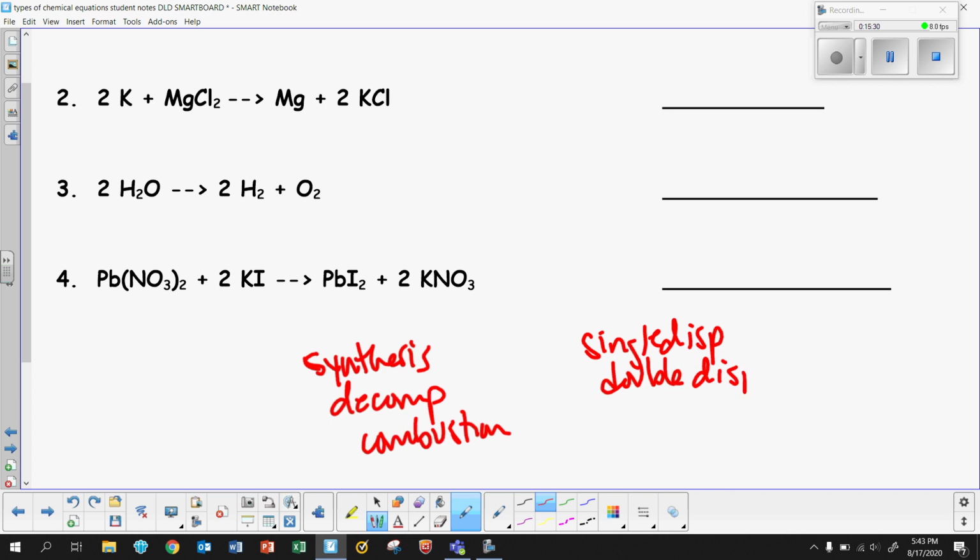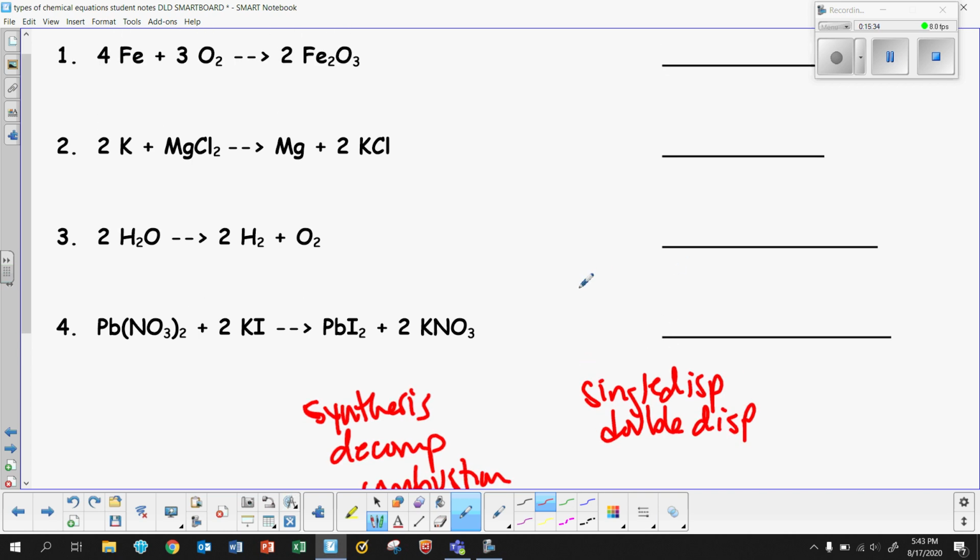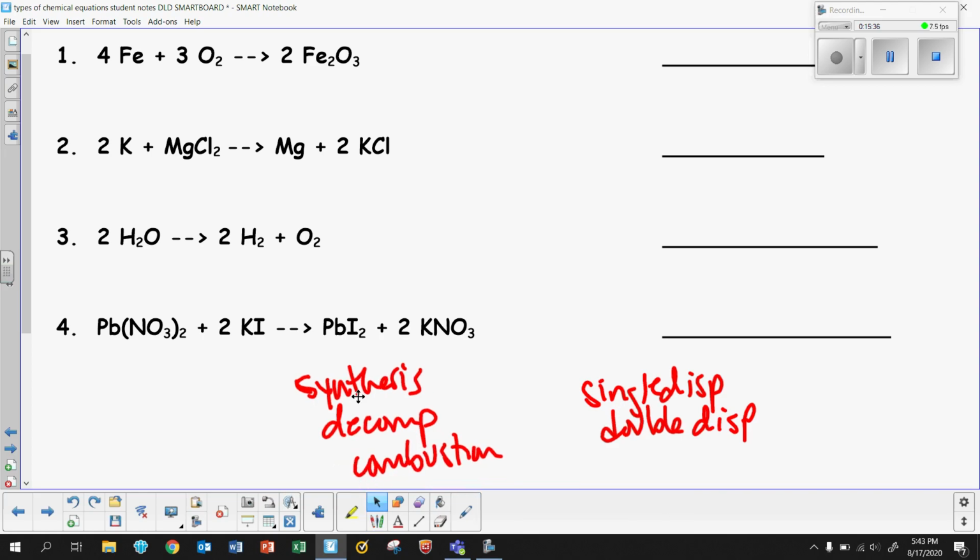If you're not sure, you can always use a process of elimination to figure it out. So if we look at these 5 types in comparison to number 1, would number 1 be decomposition? No, because decomp has 1 reactant, and notice over here on the reactant side, we have 2 things. So it can't be decomp, so we've eliminated decomp.